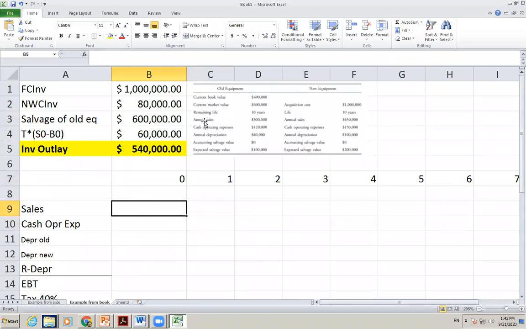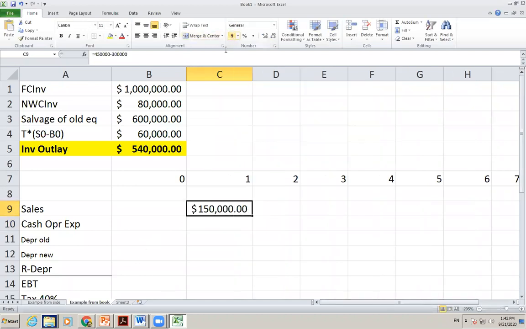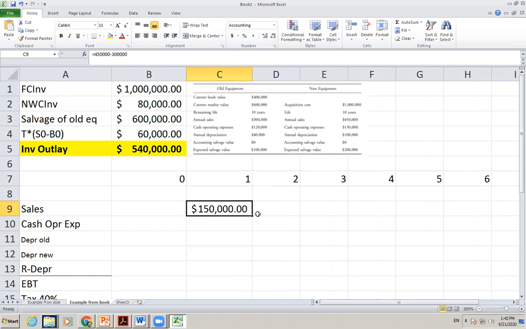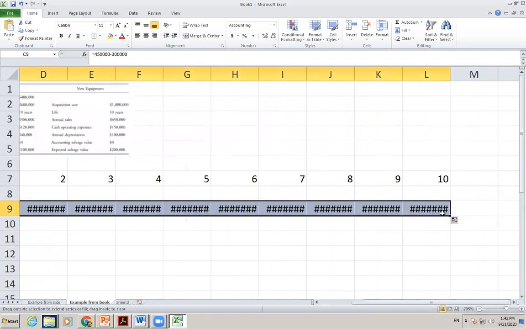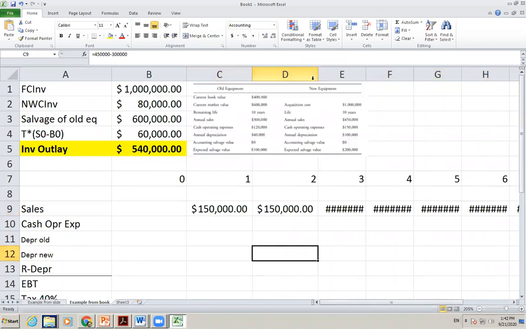Now, for sales, it is simple. 450,000 minus 150,000. Sorry, 300,000. That would give us 150,000. And it's same for all years.